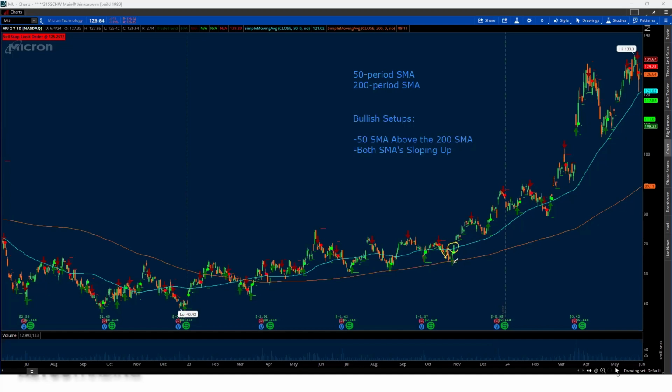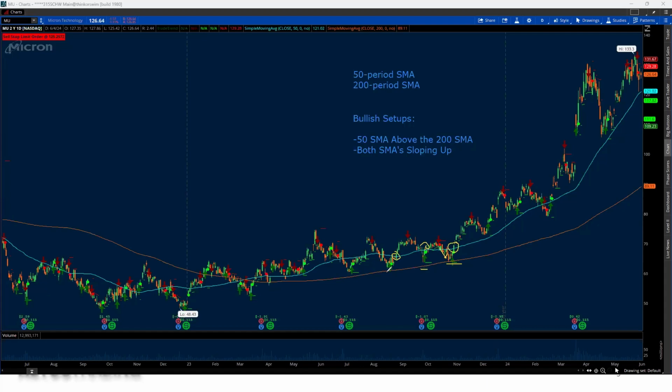I like to define my risk by using a stop, or whatever risk management technique you use, below the 200 SMA. So again, on this one, stop below.